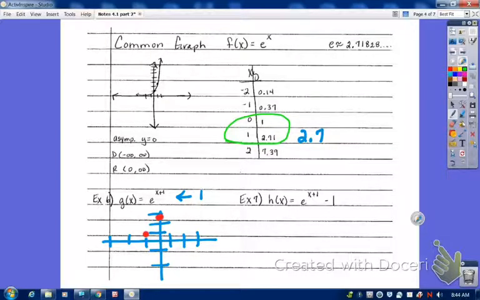So we're moving the point 0, 1 and the point 1, 2.7, and then we're going to sketch it in. The equation for the horizontal asymptote is y equals 0, domain, range, 0 to infinity.